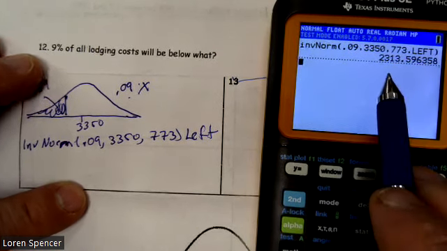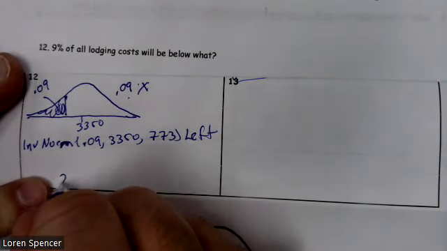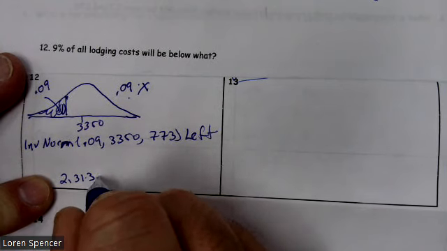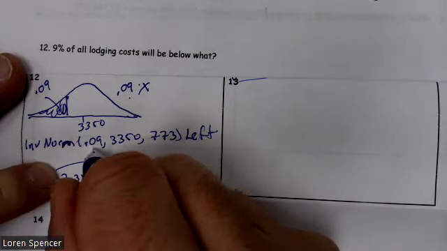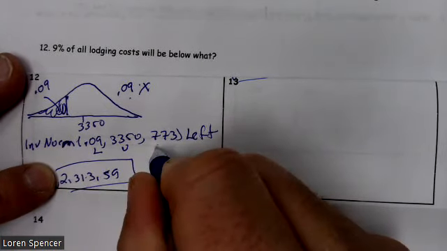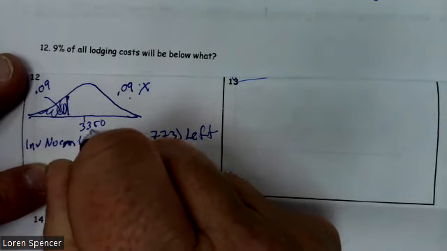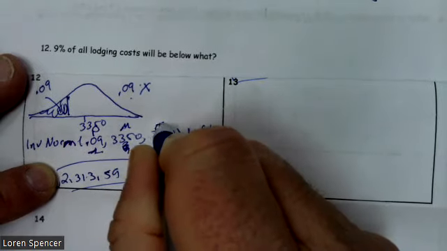And we get $2,313.59. And what that means is the bottom 9% is paying less than that. Lower upper, not lower upper, probability, mean, and standard deviation.